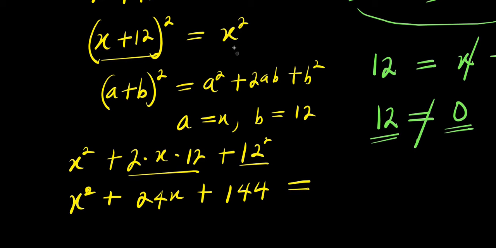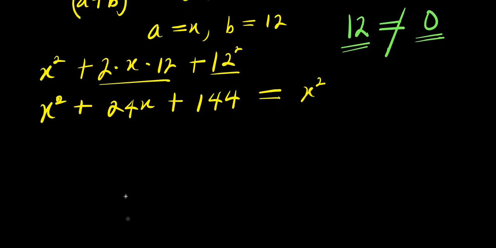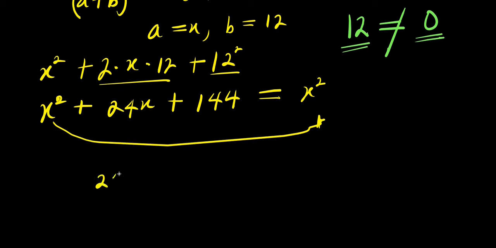And this equals the x squared here. So from here, I can move this x squared over here. I have 24x plus 144 equals x squared minus x squared.